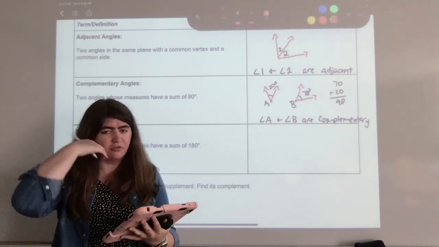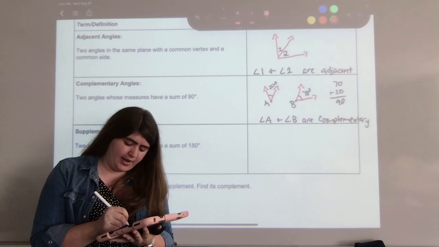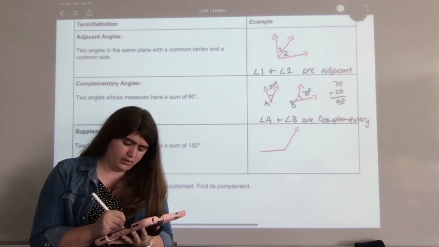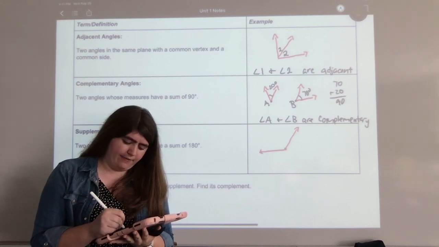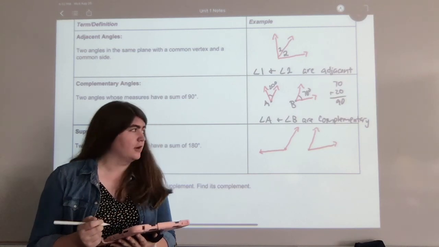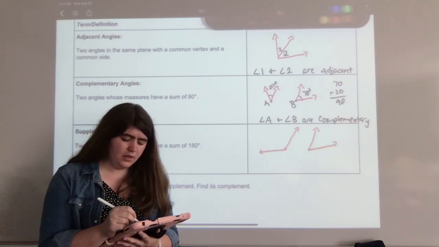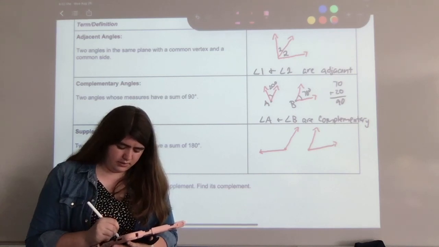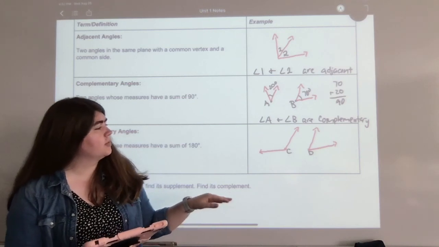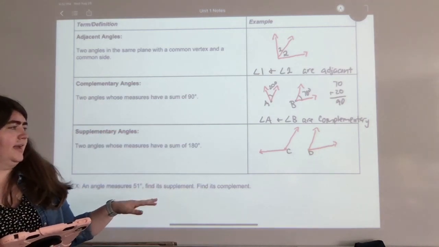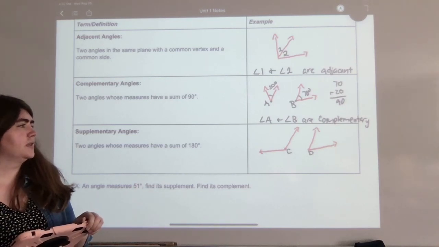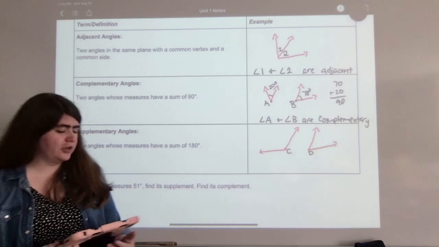So let's go ahead and draw a picture here. If I have this angle here and this angle here, I'm going to call the first angle angle C and the second angle angle D. And I'm going to say that angle C is equal to, let's call that 100 degrees.